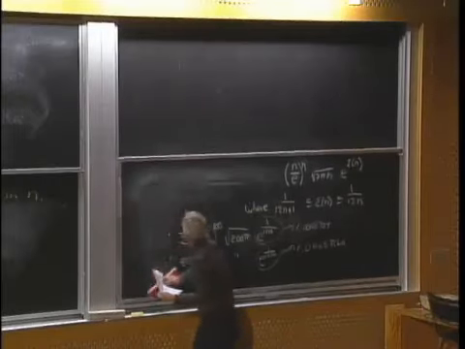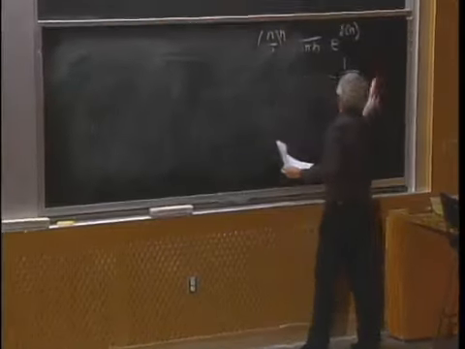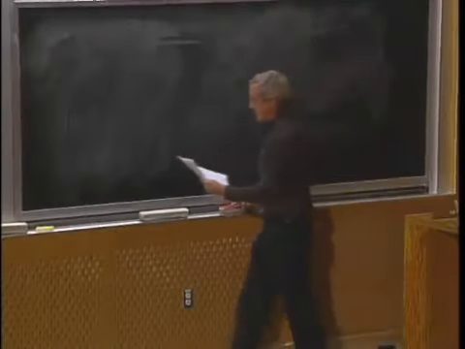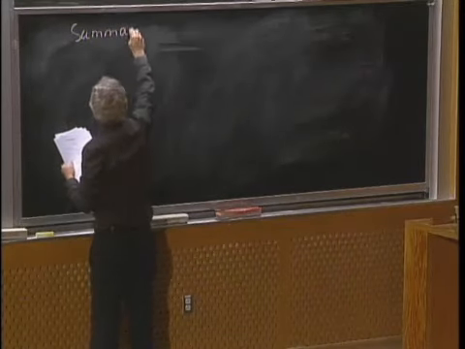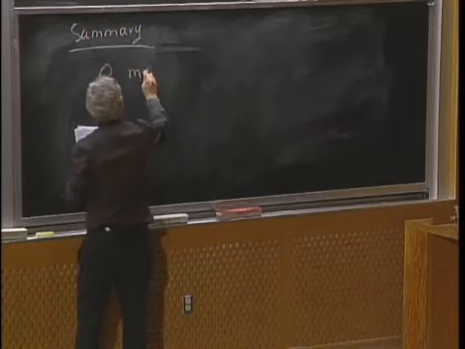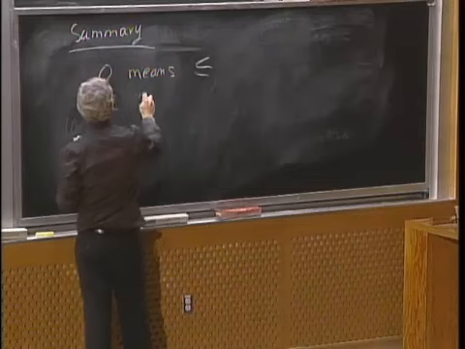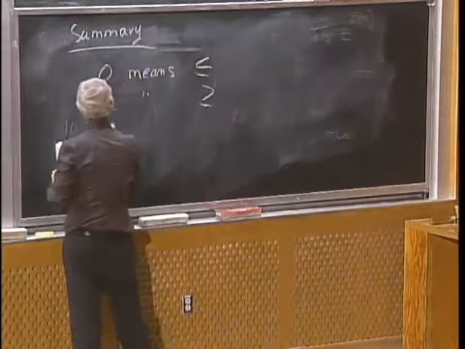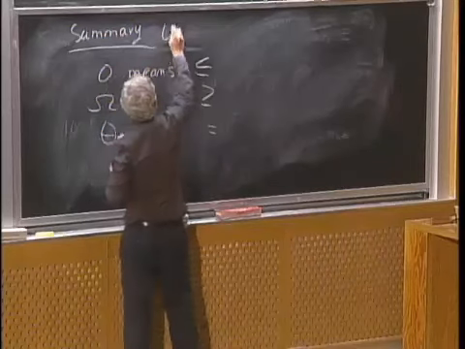Okay, so for these three, to summarize, you can keep track of them pretty simply. O means less than or equal. Omega means greater than or equal. Theta means equal up to constant factors.